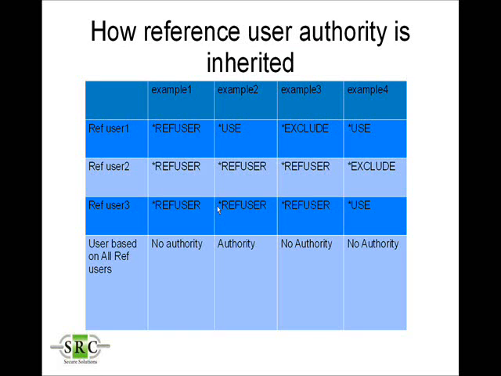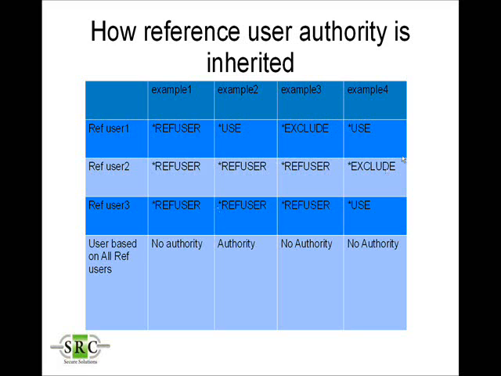How authority is inherited can be quite complex if a user has more than one reference user allocated to it. And this table, which is copied from the iMenu400 user manual, shows how the authority can be inherited.